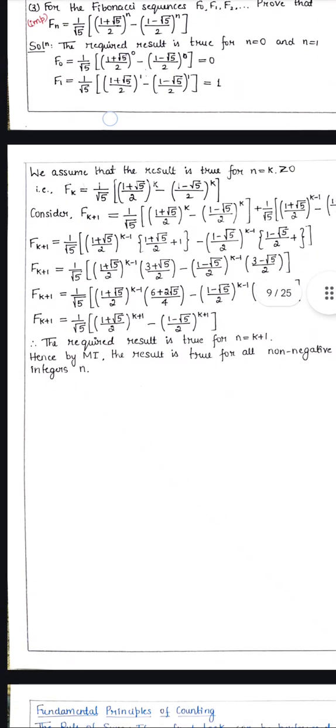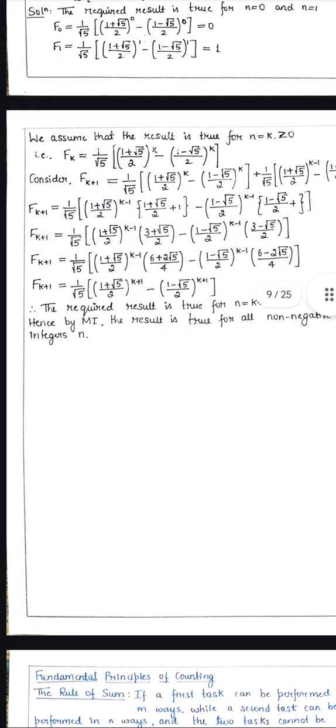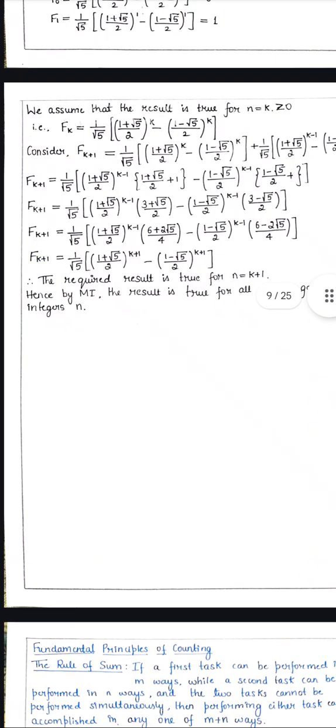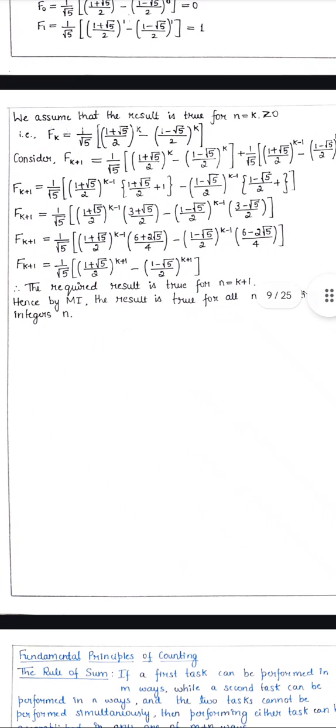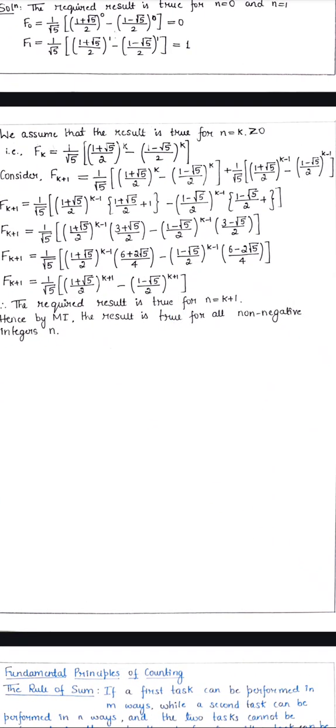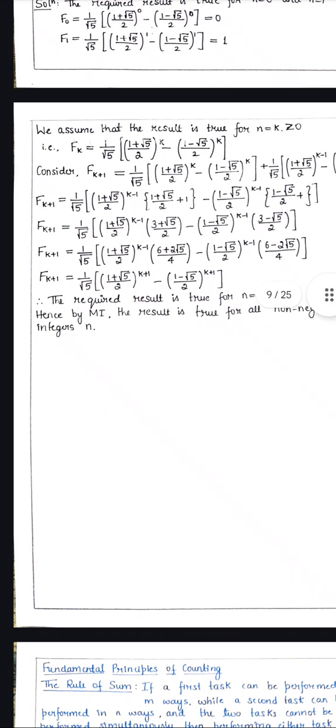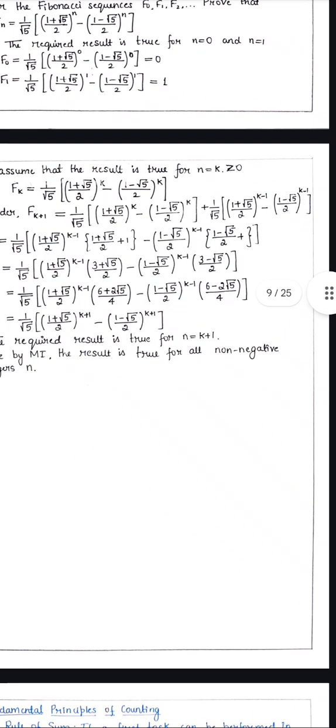We assume that the result is true for n equals k, greater than or equal to 0. So we will have f k is this, and then f k plus 1 the same as the above statement, which we have to write also by adding the previous statement, that is 1 by root 5.